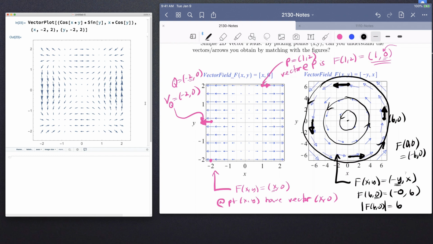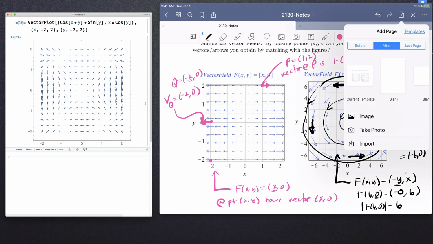Okay, so let's look at a couple more examples. These examples are going to be good to keep in your mind. Here we have a vector field that can circulate. There's some circulatory motion in there.